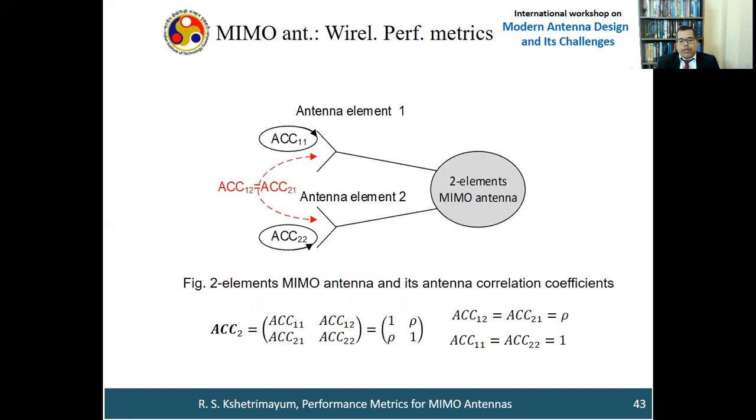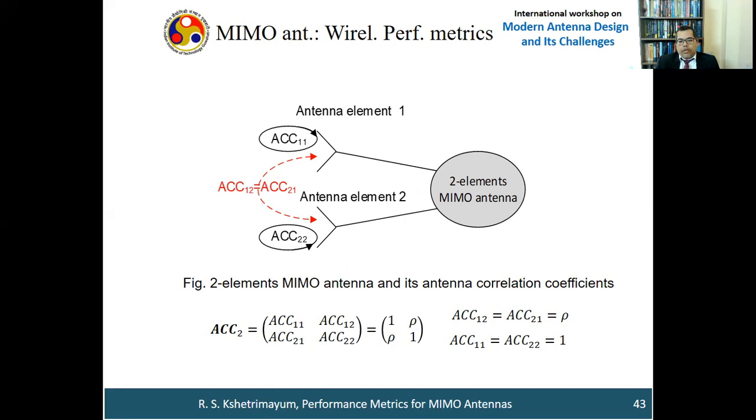Let us consider a simple case of a 2-element MIMO antenna and find out what the diversity gain parameters are. You can see that antenna element 1 has a self-correlation of ACC1, antenna element 2 has a self-correlation of ACC2, and the cross-correlation is ACC1,2 and ACC2,1.